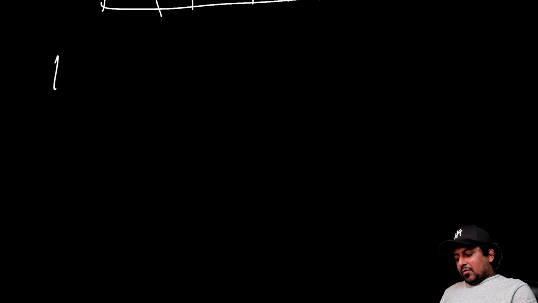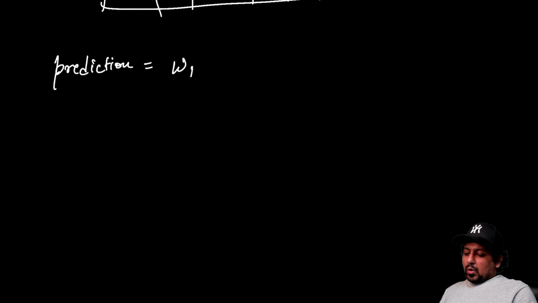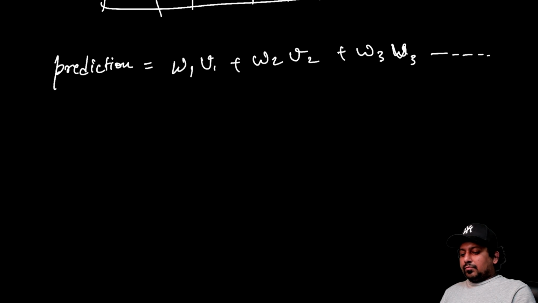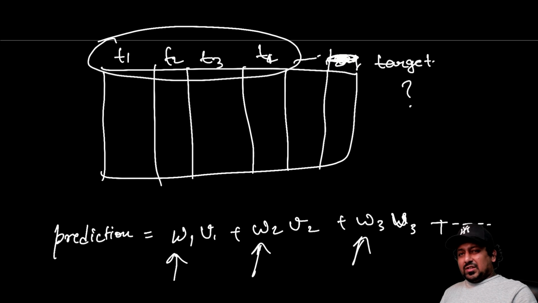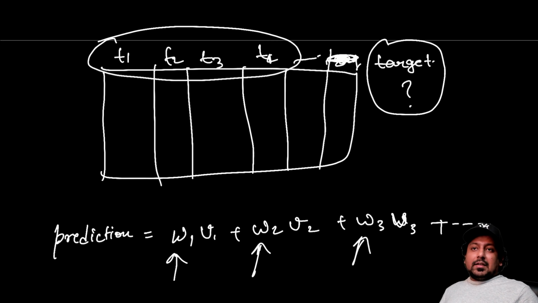So we say our prediction is nothing but W1, V1, W2, V2, W3, V3, and so on. So now your task is to find these weights and use the same weights with T1, T2, T3, T4, whatever, to generate the target for the test data.